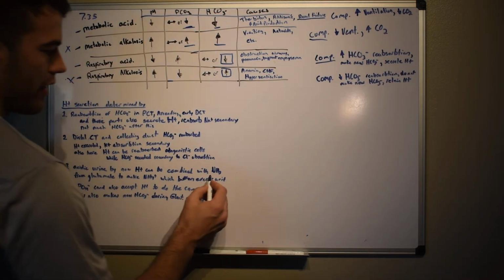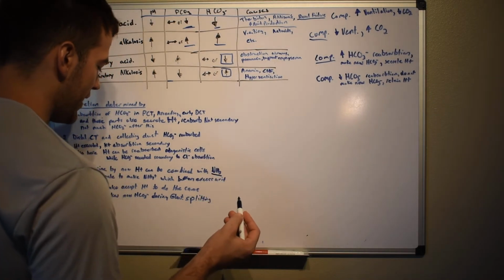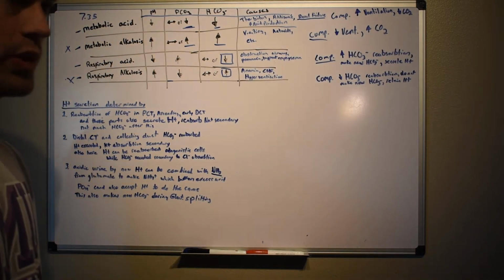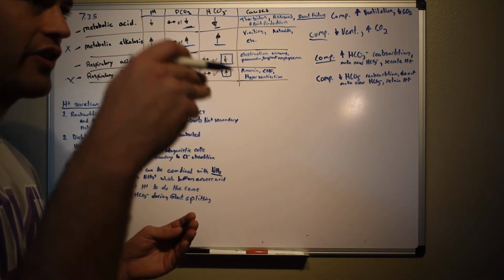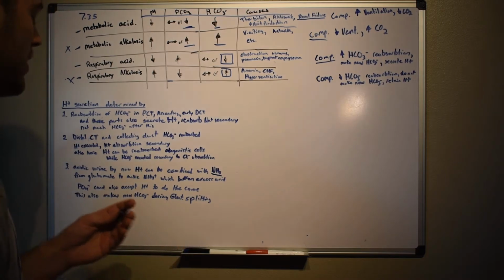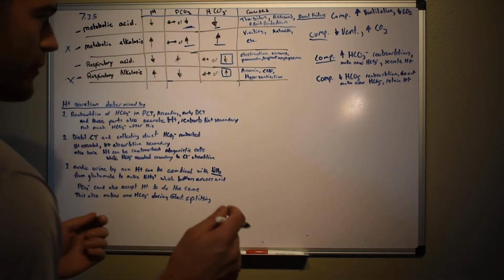But they're going to make NH3. So NH3 is going to be combined with a hydrogen proton from the tubule, because we know that hydrogen protons are very freely filtered in the nephron or in the glomerulus. There's a bunch of them in there.